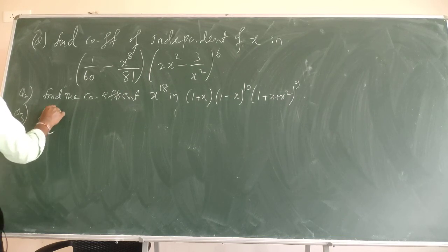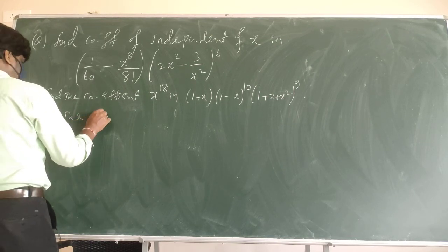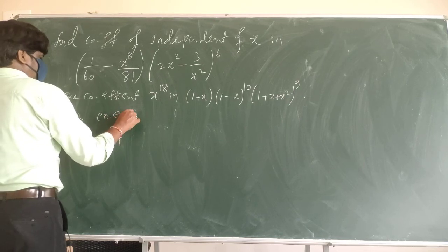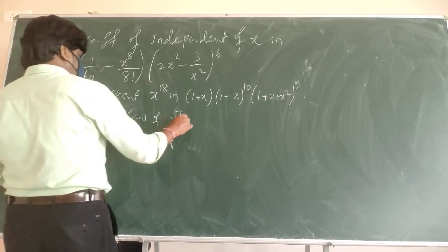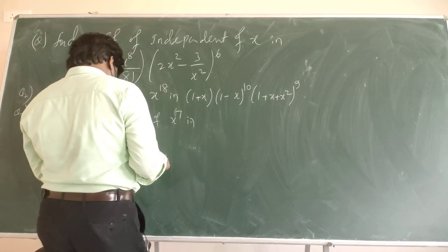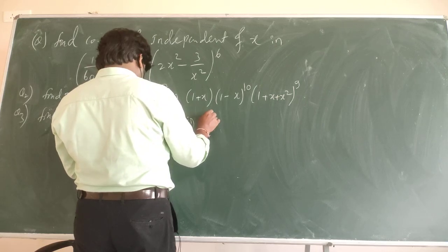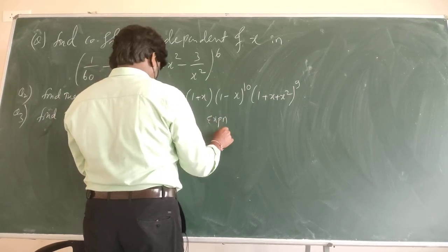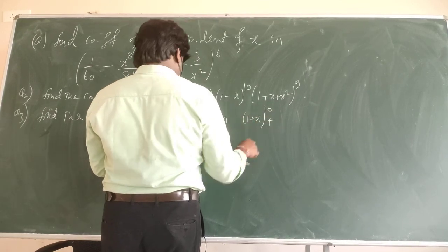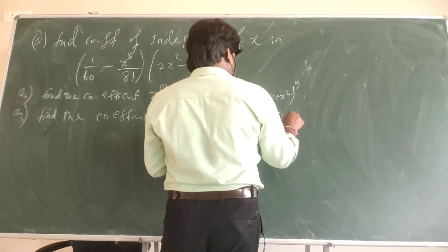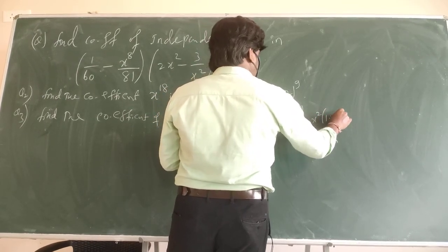Find the coefficient of x power 7 in the expansion of 1 plus x whole power 10 plus 1 plus x whole power 9 plus x square into 1 plus x whole power 8 plus and so on up to x power 10.